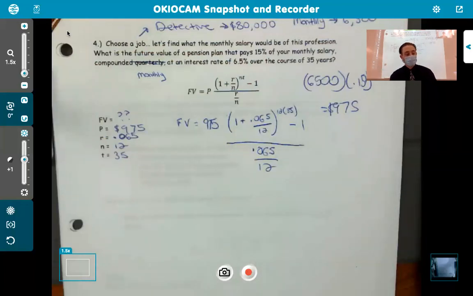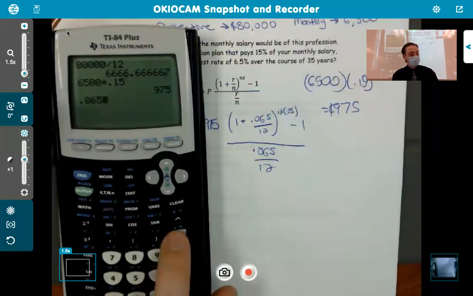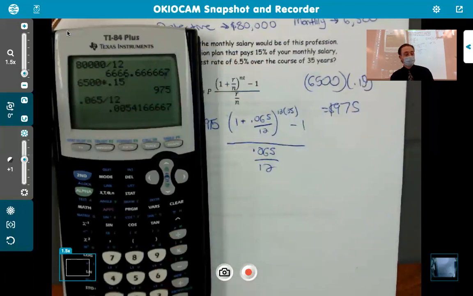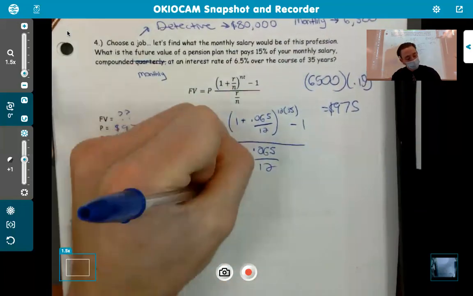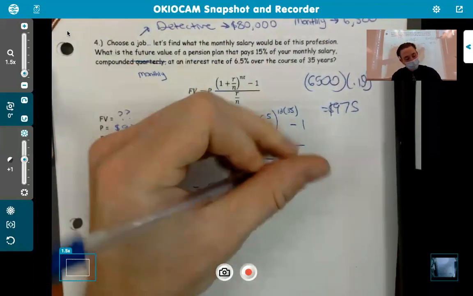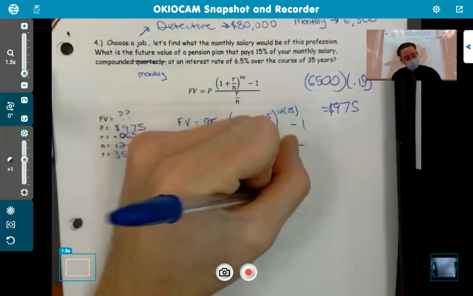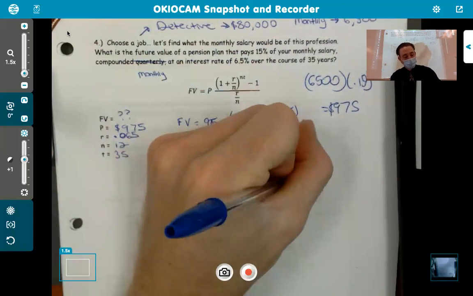All right. And then we'll just take this step by step again. So we'll do 0.065 divided by 12. 0.005, we'll call it. And we'll add 1 to that. So it's 1.005. 12 times 35 gives me 420.